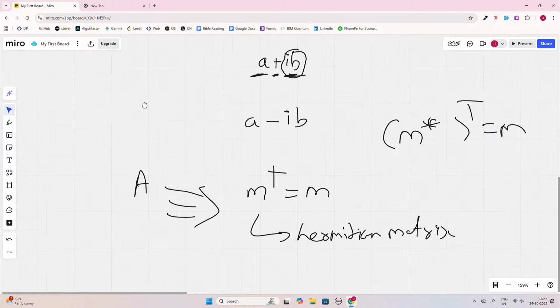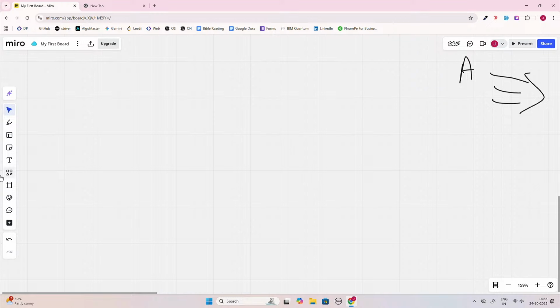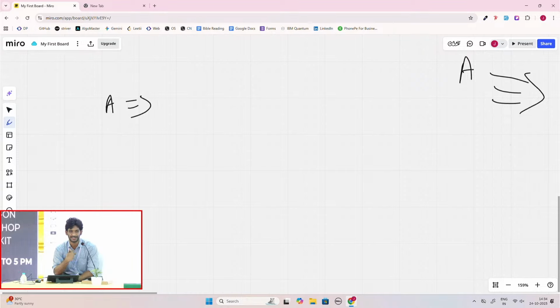Now, can any one of you try to tell me what A can be? Give a random example of A. Tell me any quantity, any physical object or any physical operator.